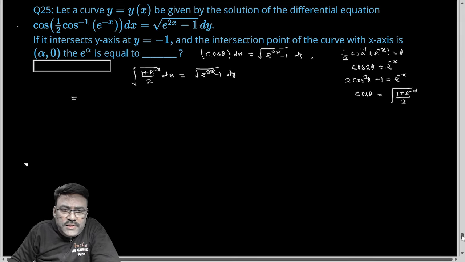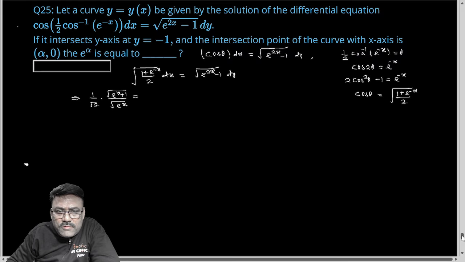Now the left side can also be written as 1 by root 2 under root e raised to x plus 1 over under root e raised to x. And on the right side, I can factorize it as under root e raised to x plus 1 under root e raised to x minus 1 dy.